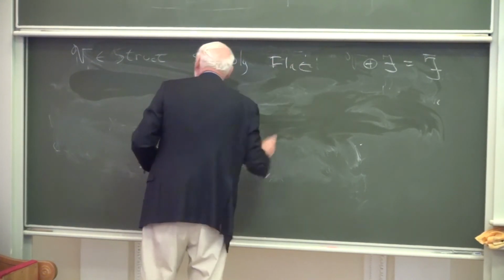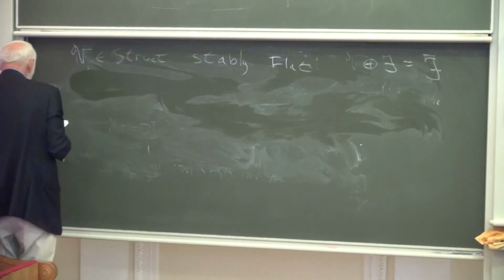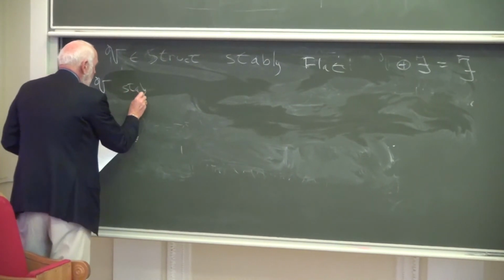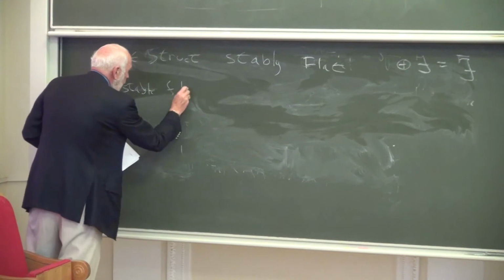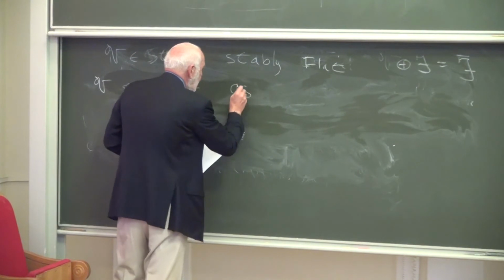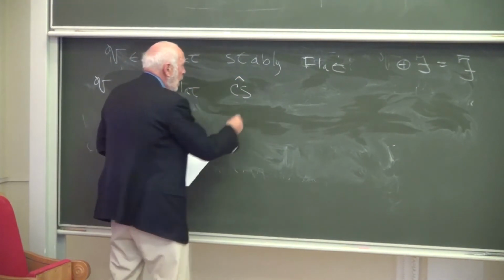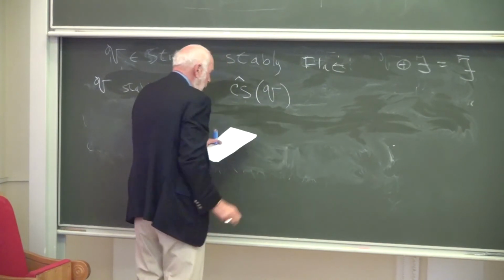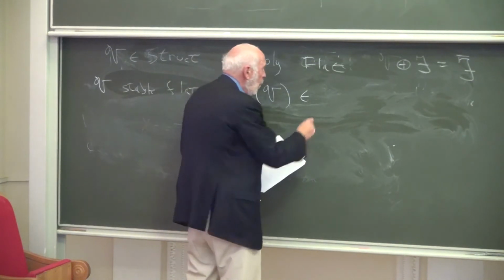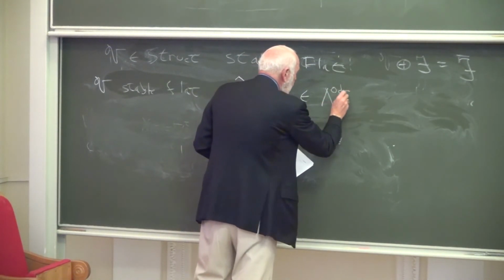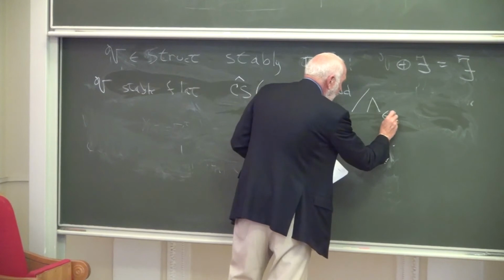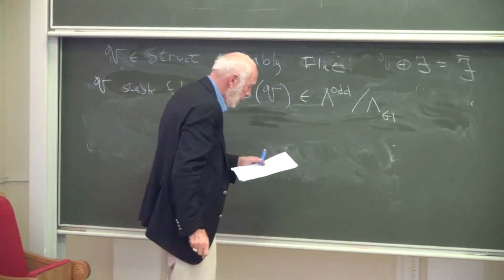And here's the thing. If V is stably flat, you can construct what I'm going to call CS hat of V as an element of wedge odd modulo wedge GL.